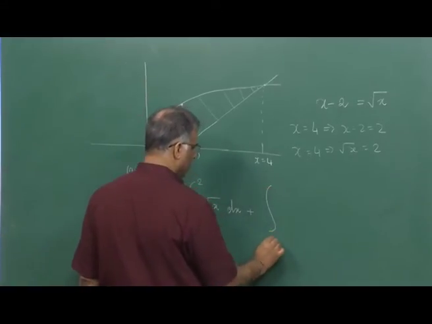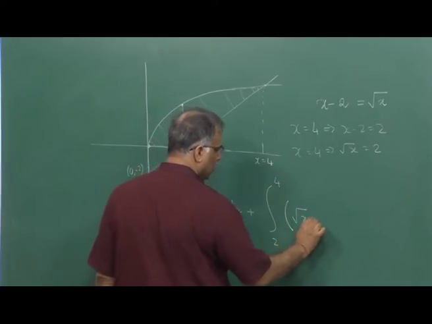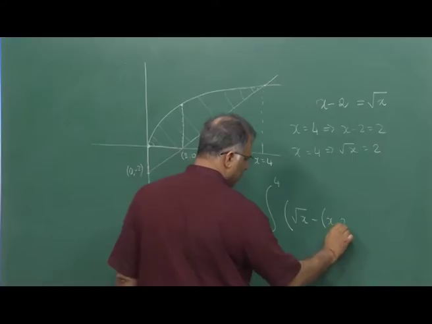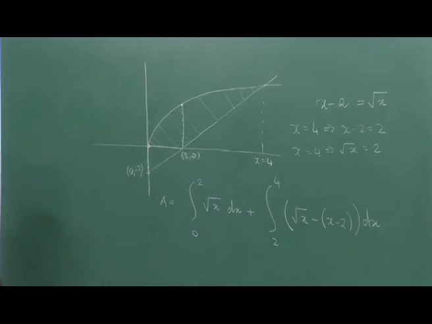So between 2 to 4, you will do root x minus (x minus 2). That will be the way to compute it.